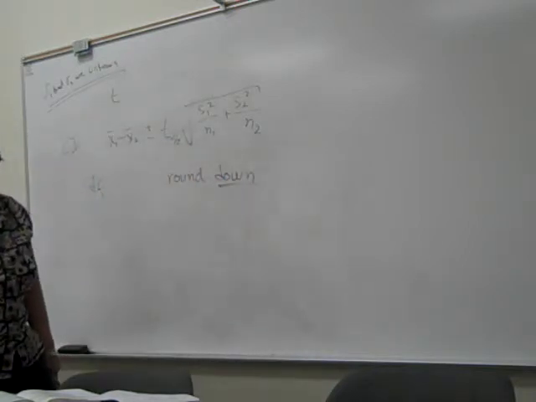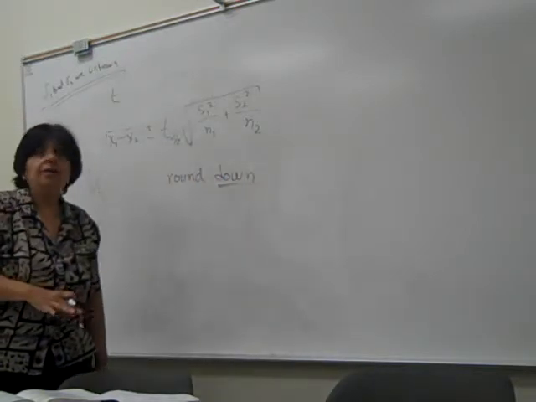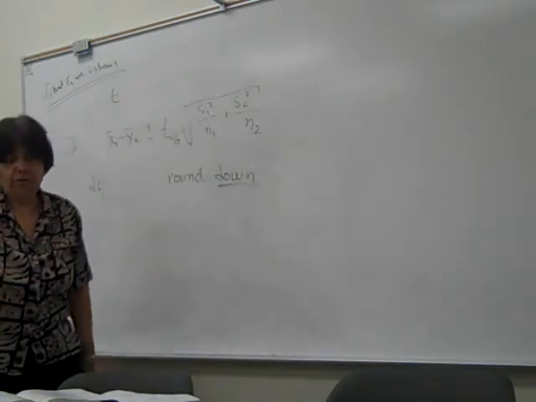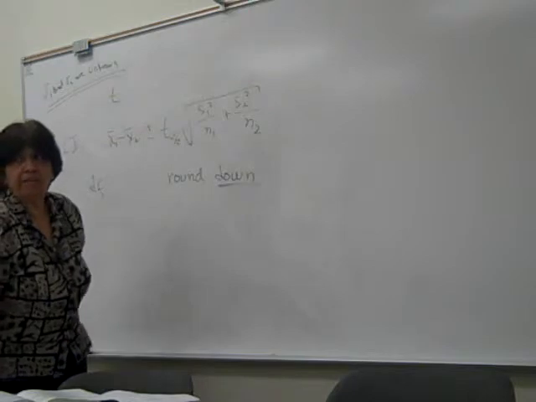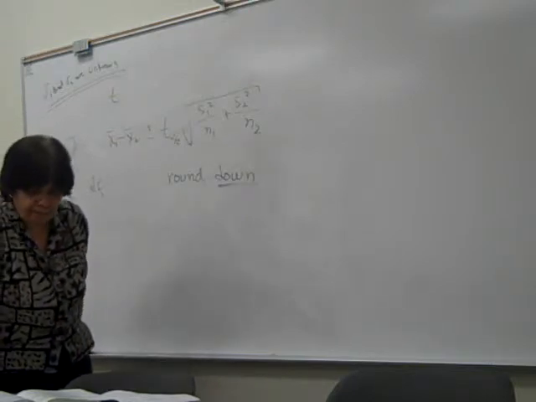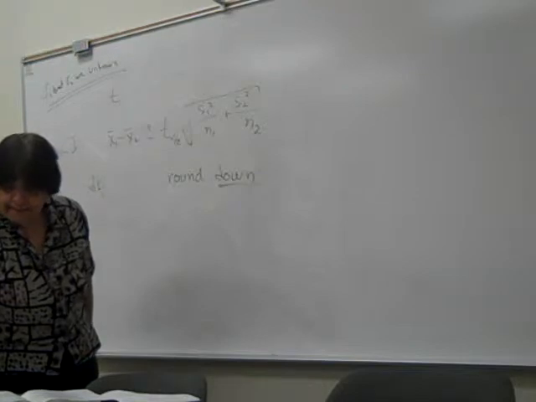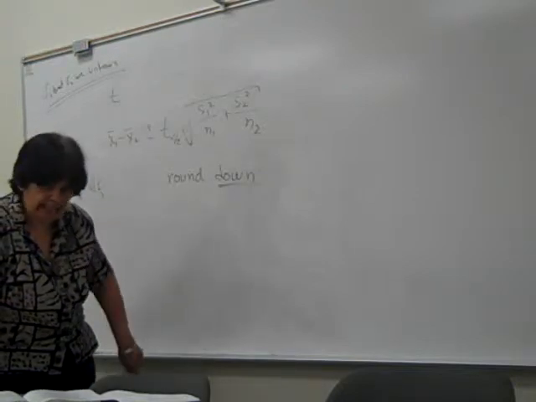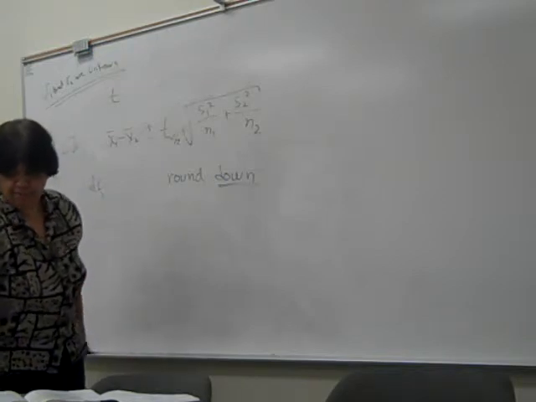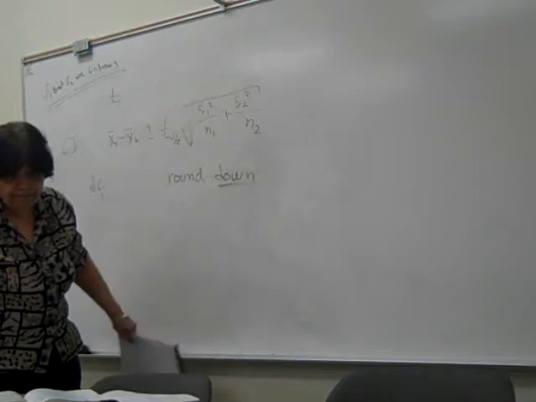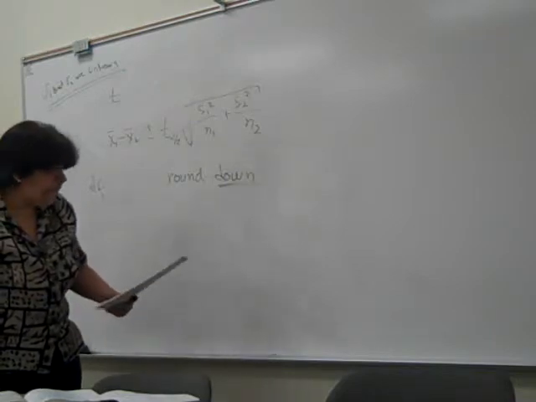Why? Because the lower the degrees of freedom, the fatter the distribution, so it gives more confidence in your assertions. That's it. And therefore, hypothesis testing is exactly the same thing.